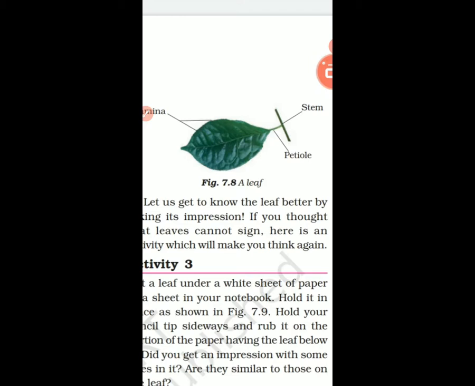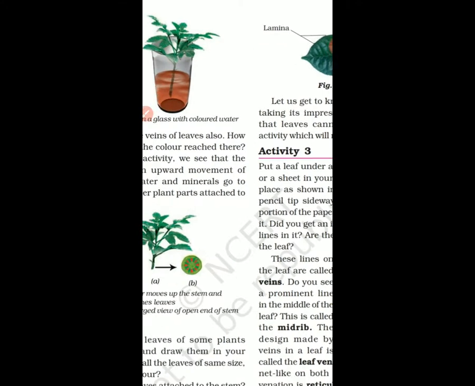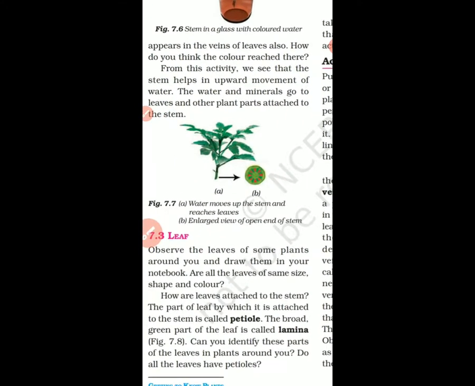The part by which the leaf is attached to the stem is called the petiole. Leaf जिस डंडी जैसा दिखता है ना, छोटी सी, जिससे वो स्टीम में अटैच्ड होता है, that is called petiole.